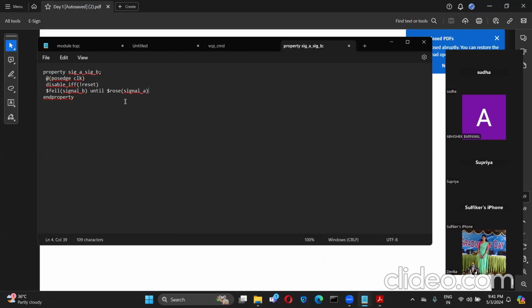Likewise, you can even write like this: $fell of signal A. What was the thing we had written previously? Signal B. So now $fell of signal A you can write, and then you can take an implication operator.